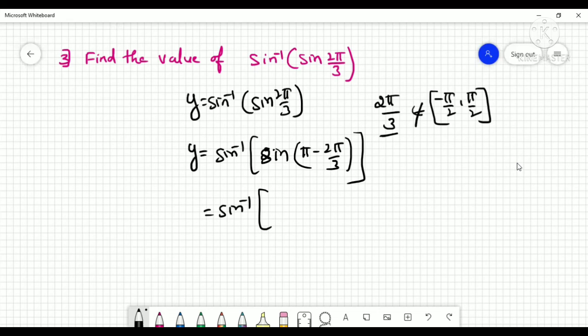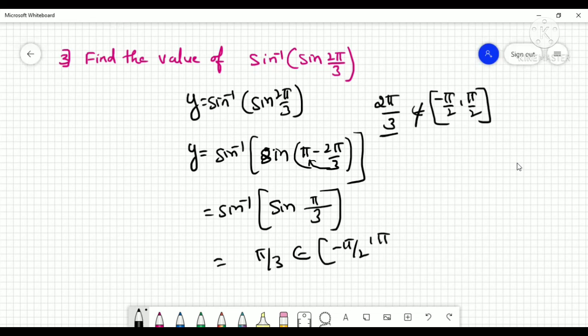I will simplify: 3 pi minus 2 pi, that is pi by 3. Now sine inverse of sine theta is equal to theta, that is pi by 3. This belongs to the closed interval minus pi by 2 to pi by 2. Hence pi by 3 is the correct value.